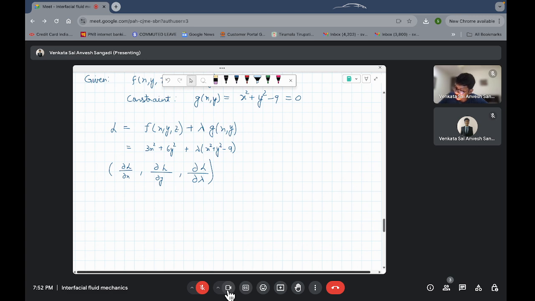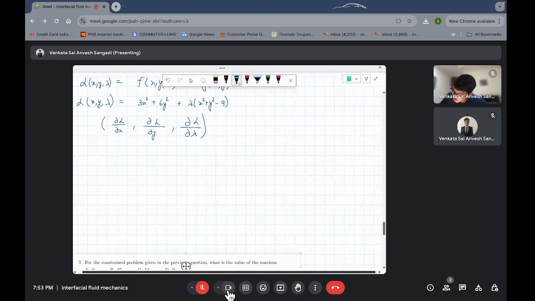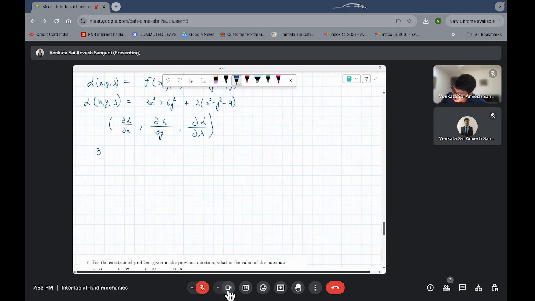We know that L is a function of x, y, lambda, and the equations are dL by dx is equal to 0, which implies 3 into 2x plus 2 into lambda into x is equal to 0.